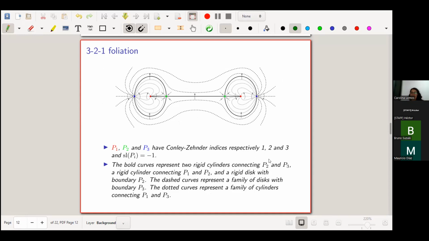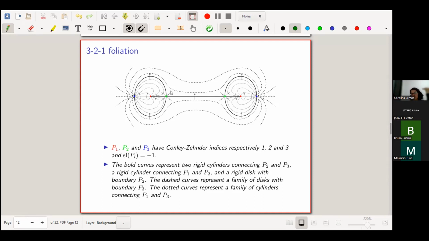But the kind of foliation that I'm interested in is called the 3-to-1 foliation. And the idea is that it can be defined for flows that have no restriction on the collision indices, not only index 1 orbits. And the foliation looks like this.